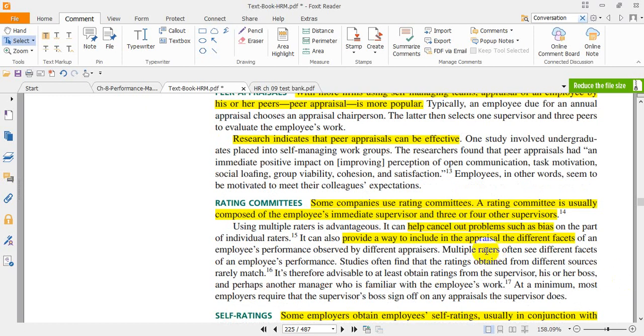Studies often find that the ratings obtained from different sources rarely match. It is therefore advisable to at least obtain ratings from the supervisor, his or her boss, and perhaps another manager who is familiar with the employee's work.